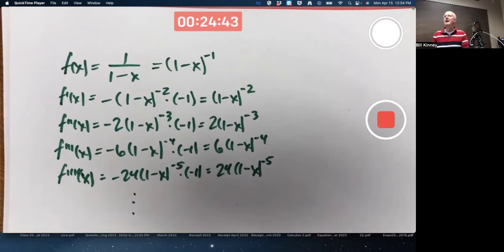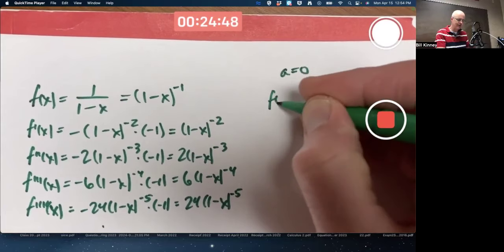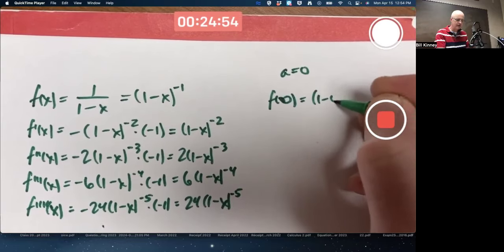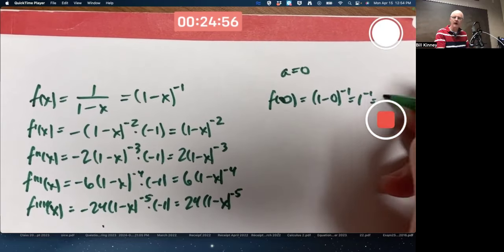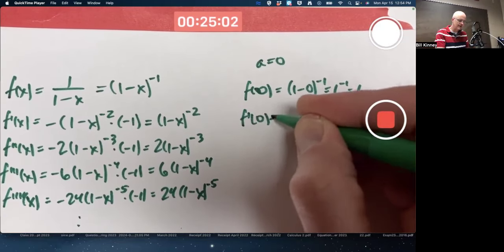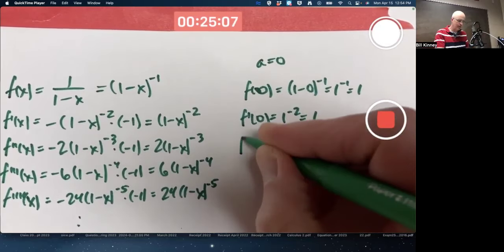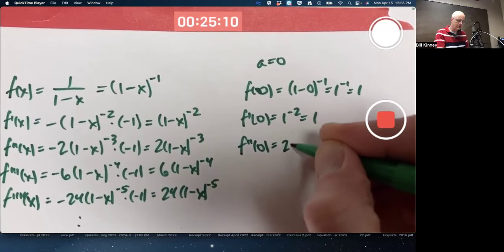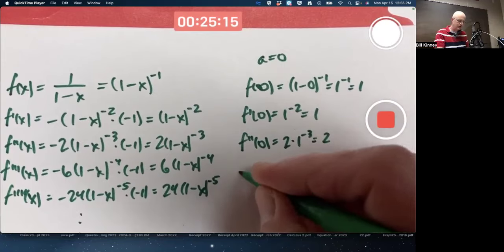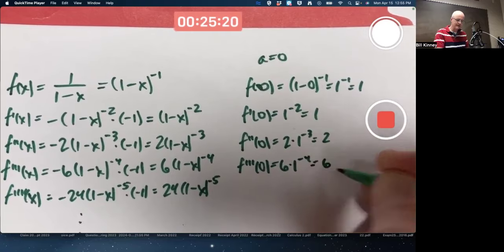But 90% of the time, we use a equals 0, so let's do that. f of 0: 1 minus 0 to the negative 1 is 1. f prime of 0 is 1 to the negative 2, which is 1. f double prime of 0 is 2 times 1 to the negative 3, which is 2. f triple prime of 0 is 6 times 1 to the negative 4, which is 6.